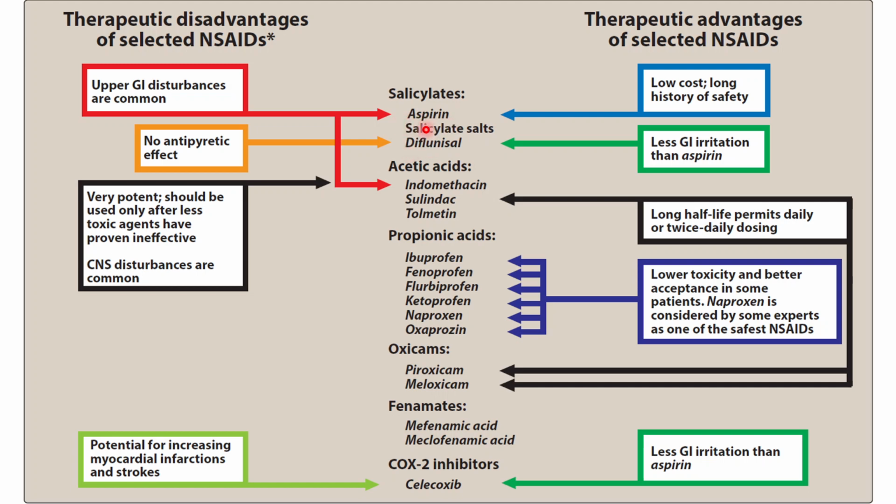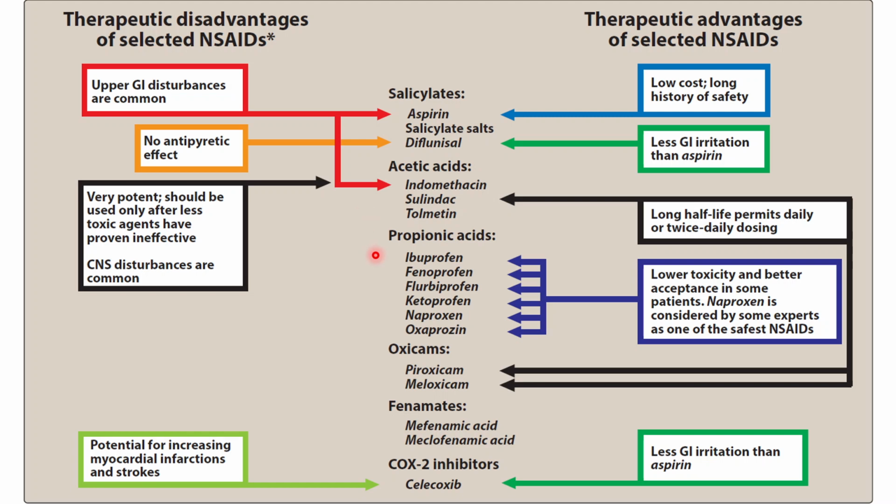The acetic acid derivatives act longer: indomethacin can be taken only twice daily, and sulindac and tolmetin only once a day. So these are long-acting derivatives.